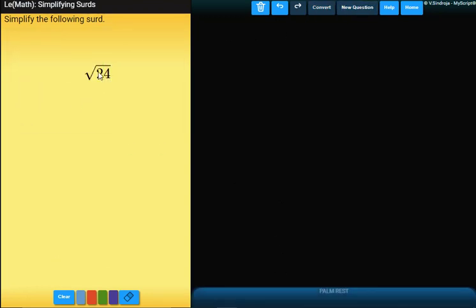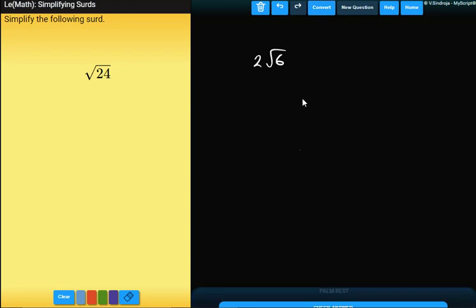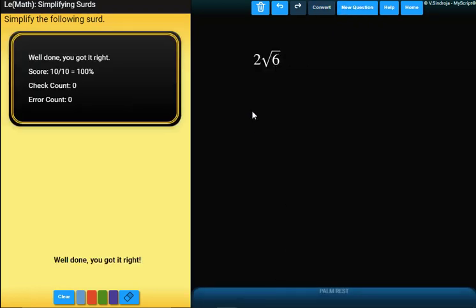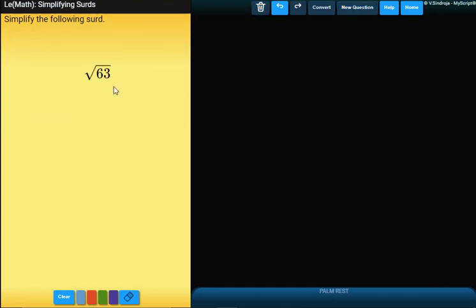So this one here, it's obvious to me that the only square number that goes into this is 4. So I know it's going to be a 2 root, and how many times does 4 go into that number? It goes in 6 times. So that's it: 2 root 6. At some point, you'll get really good and you won't even bother writing down the two numbers that multiply.